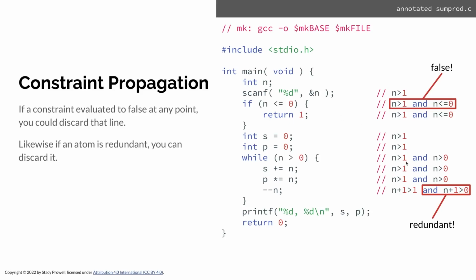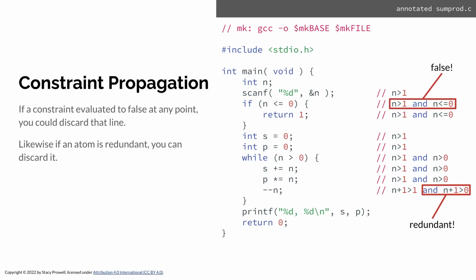Down here at the bottom, you've probably already figured out that if n is greater than 1, it's definitely greater than 0. I don't need both of those. I just need the tightest of the two constraints. It's like intersection.